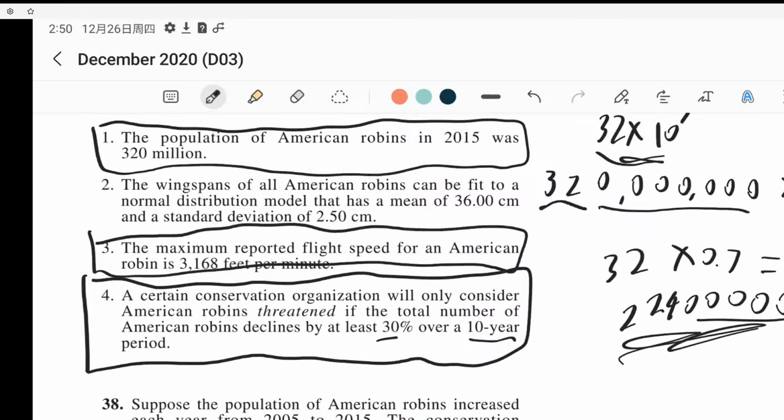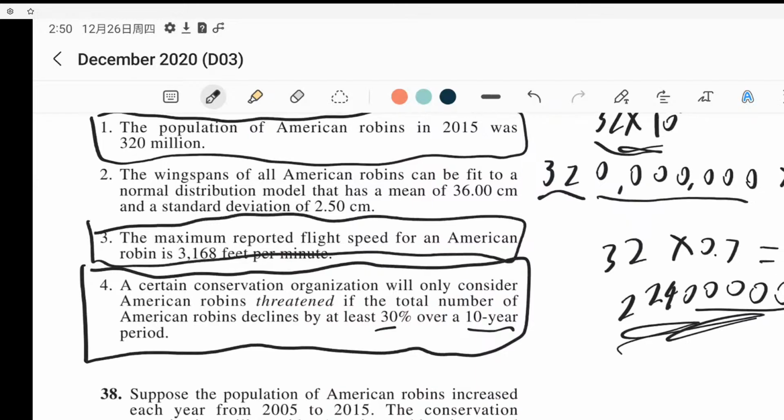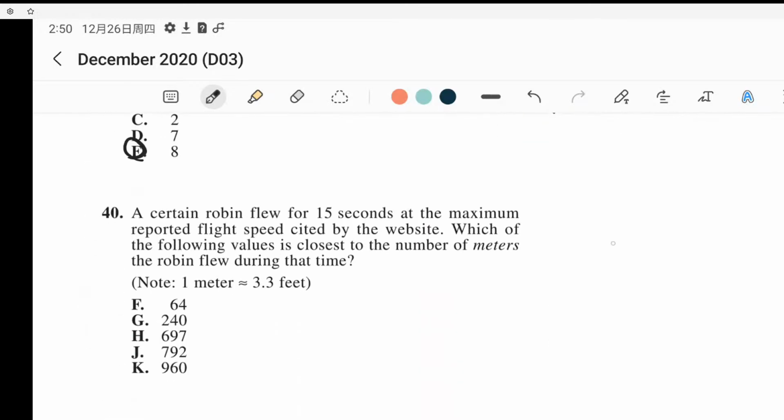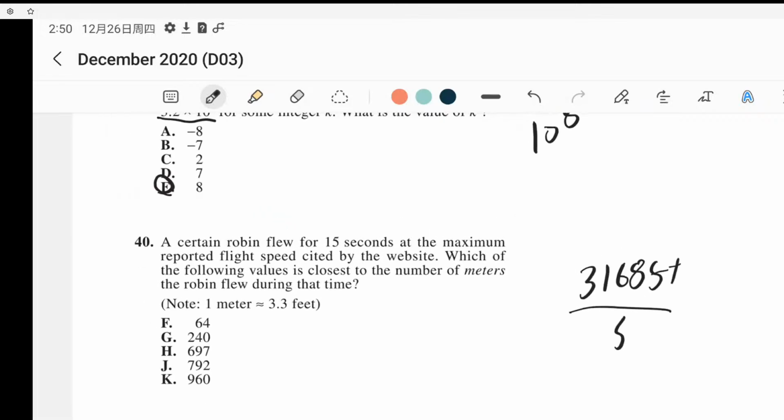We're given that it's 3,168 feet per second. And we want to know which of the following values is closest to the number of meters the robin flew. So this is a dimensional analysis problem.